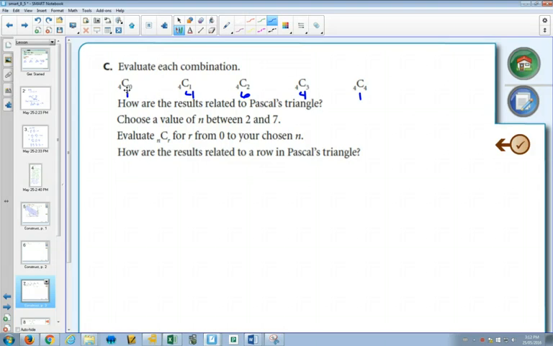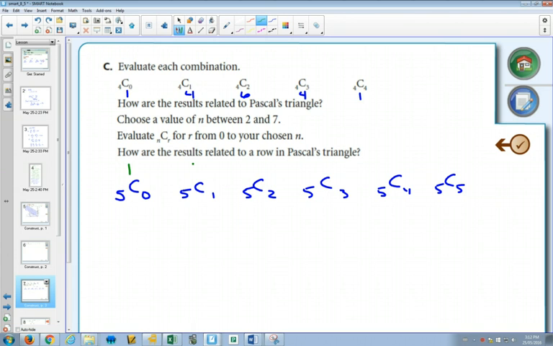If you chose any value between 2 and 7, say you chose 5, and you did 5 choose 0, 5 choose 1, 5 choose 2, 5 choose 3, 5 choose 4, 5 choose 5, that's it. What would you get?